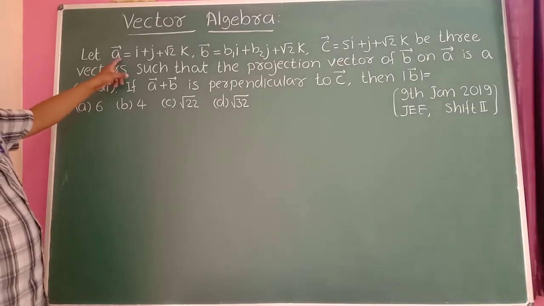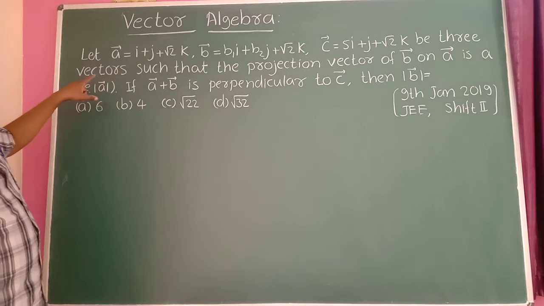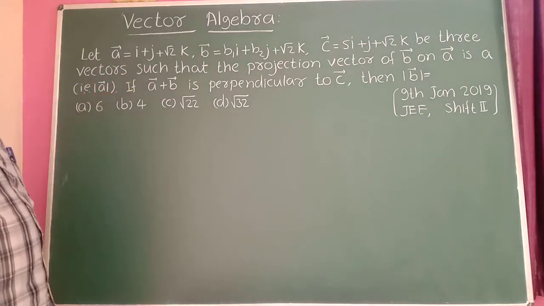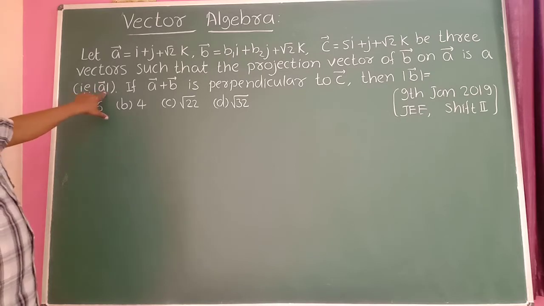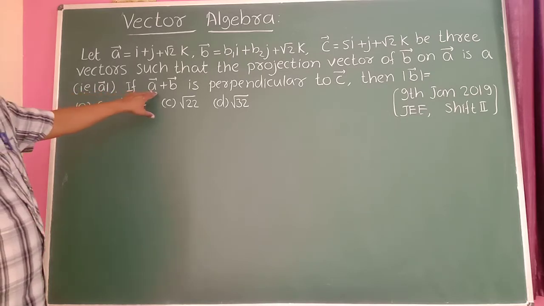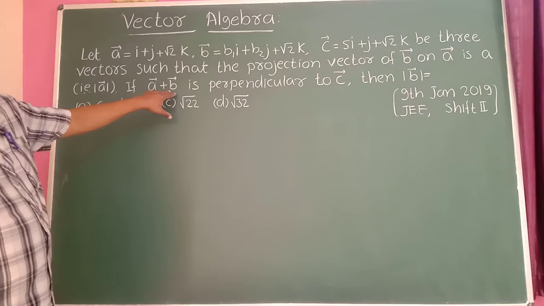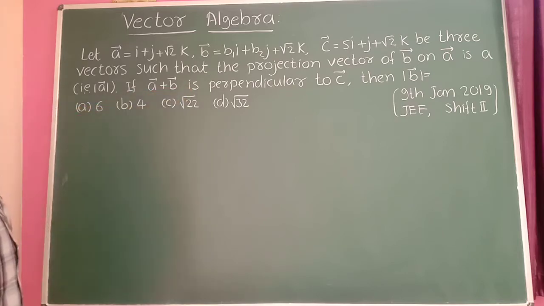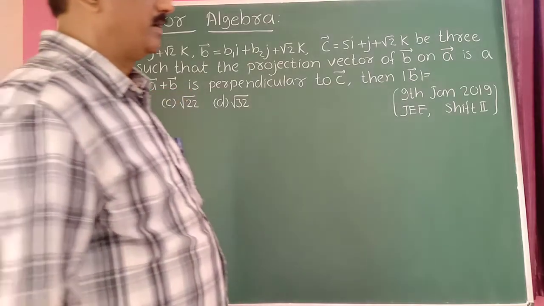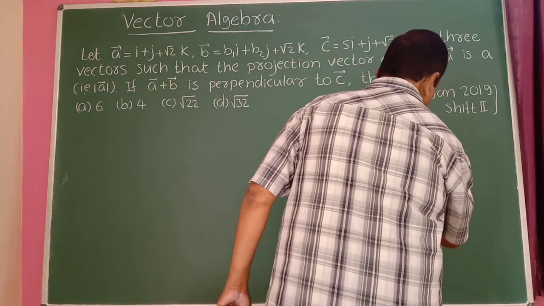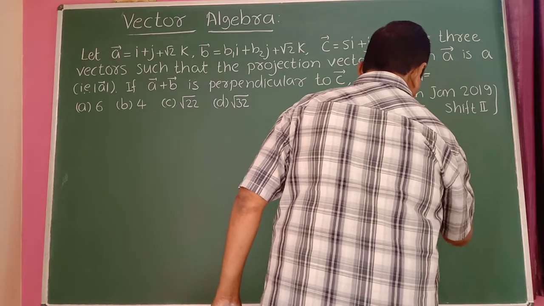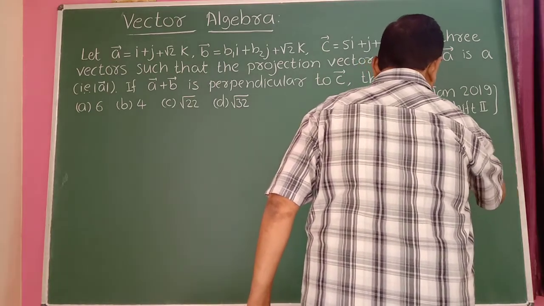So, let a bar, b bar, c bar be three vectors such that the projection of b bar on a bar is A here. A means modulus of a bar. If a bar plus b bar is perpendicular to c bar, then the modulus of b bar is equal to what here? Here a bar is one vector and b bar is one more vector.